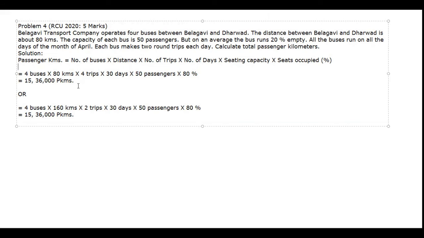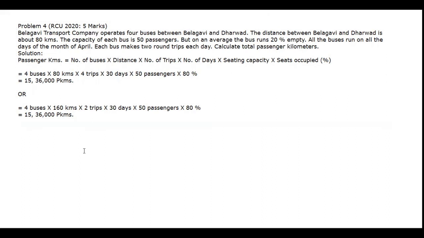And this is the confusion here. The bus makes 2 round trips. They have used the words 2 round trips. So what is the meaning of 2 round trips? You can take it either 80 kilometers into 4 trips or 160 kilometers into 2 trips.